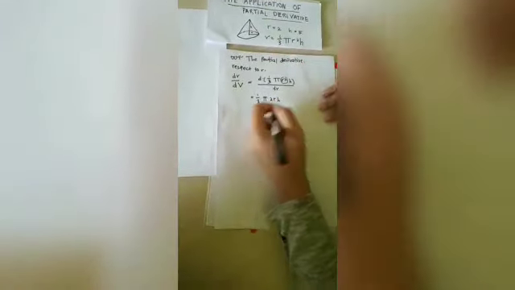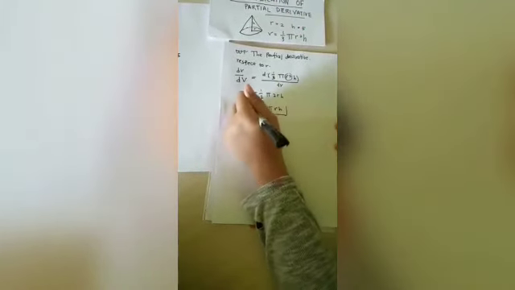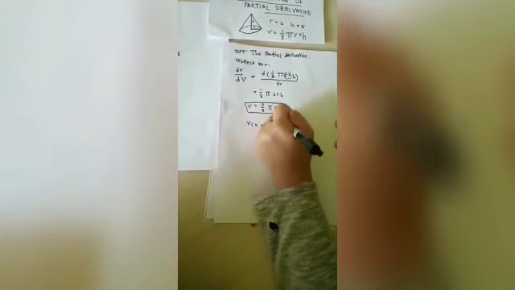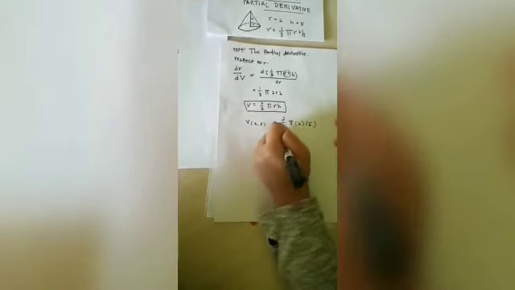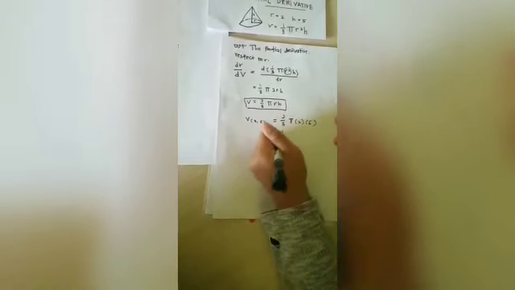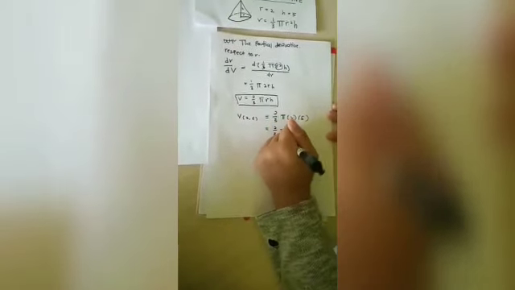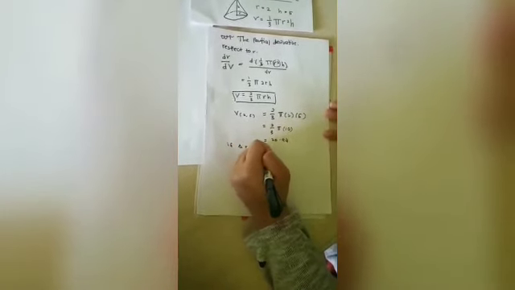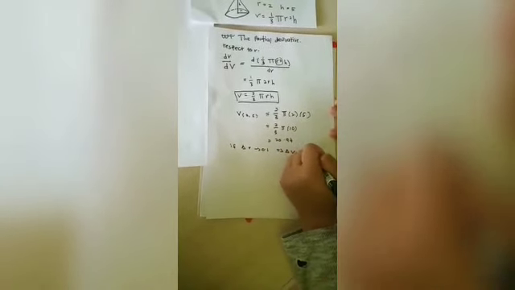We put r equal to 2 and h equal to 5 and get 20.94. If the difference of radius is 0.1, the difference of volume is 2.09.